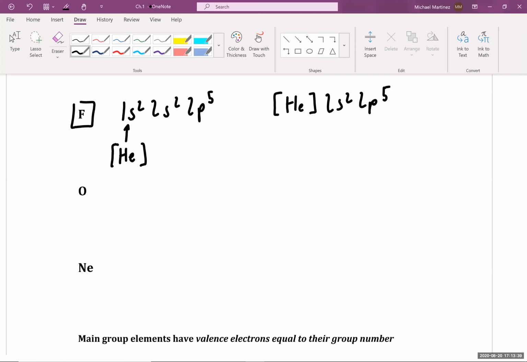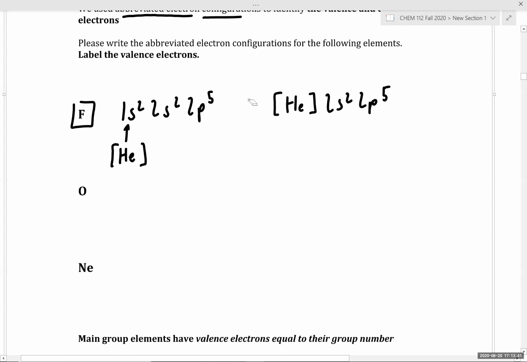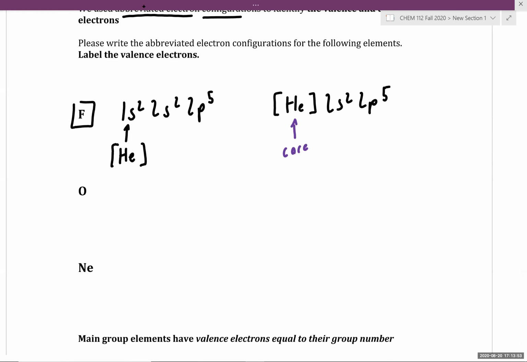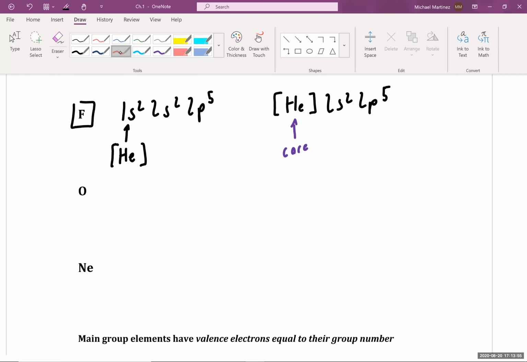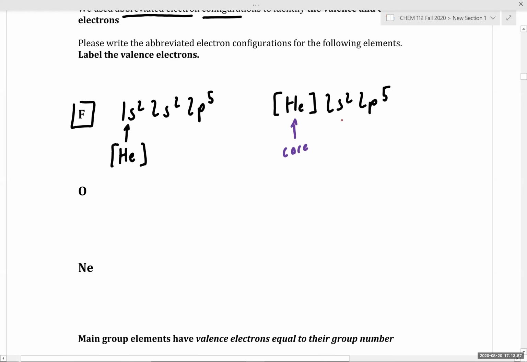We can clearly label the two types of electrons found in fluorine. For the first type, we have our core electrons. These are electrons that are relatively close to the nucleus and aren't as accessible for chemical bonding in most cases. The outermost electrons, the electrons with the largest n value, are known as the valence electrons.